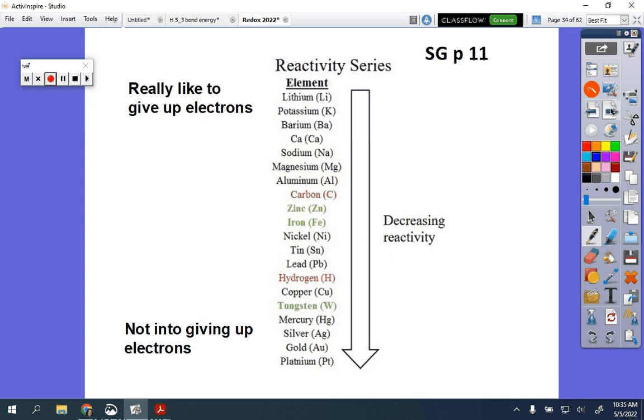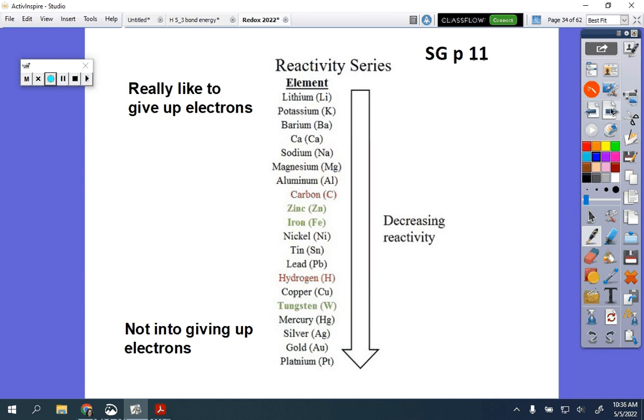So we're going to talk about what the activity series is, and how you would use it to figure out whether a reaction is going to happen or not. And then I'm going to pull up a question from the question bank, because we're going to do some of the questions in your study guide. While you're doing those, I'm going to pull a question bank question that deals with this.